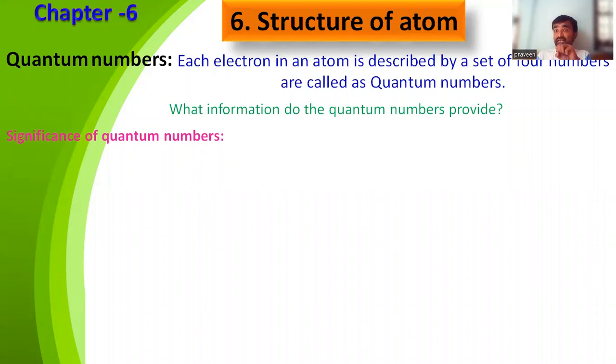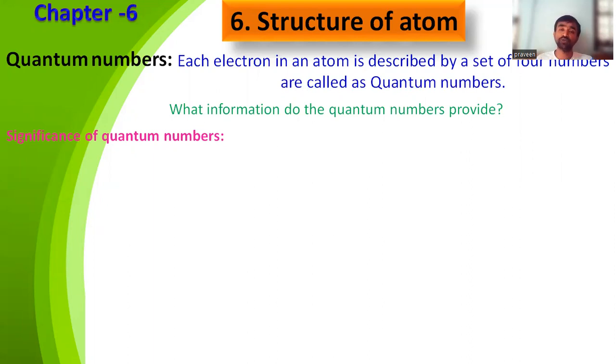So everything they try to understand, right? That's why here we are giving much importance to the quantum numbers. So what are these quantum numbers? Quantum numbers are majorly four: principal quantum number, azimuthal quantum number, magnetic quantum number, and spin quantum number.